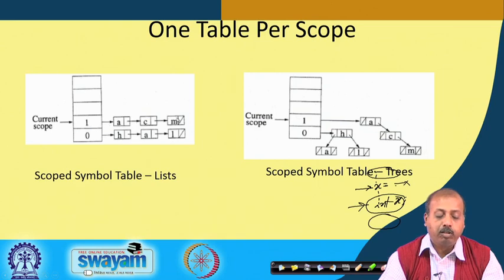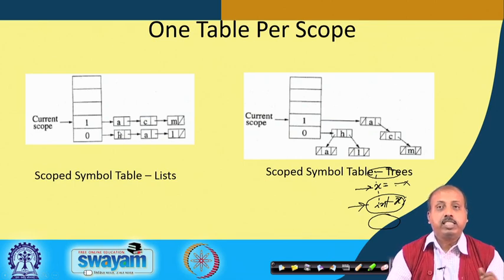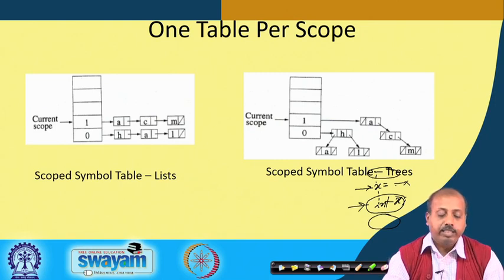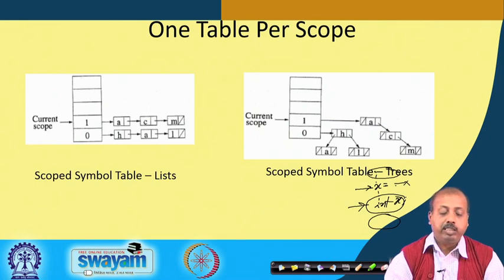It will scan through all of this, and then it will not find h here. So, it will come to this level 0, and then it will search for h. So, it will get h here. In the worst case, when the symbol is not present in any of these tables, all the table entries are to be searched. So, that way it is difficult, because the overhead becomes more.